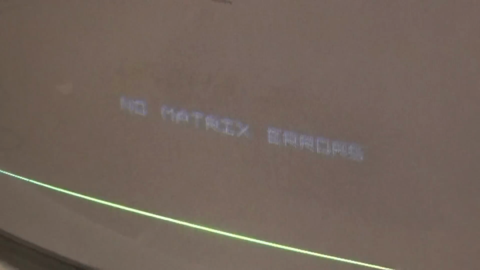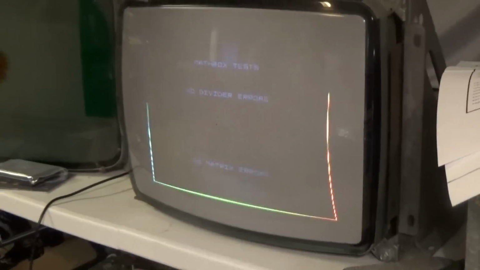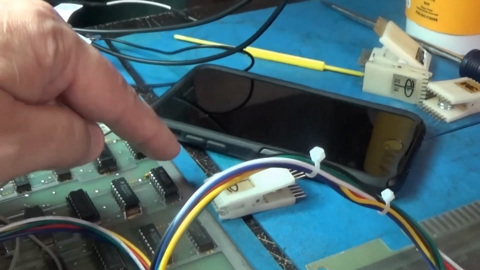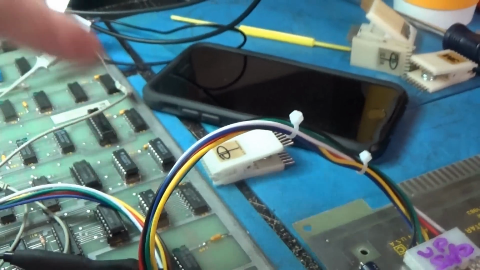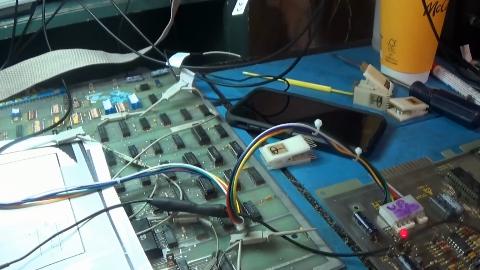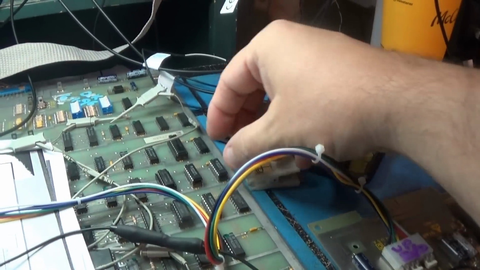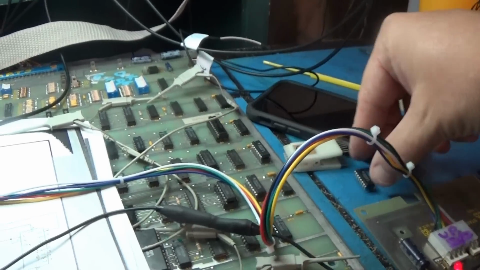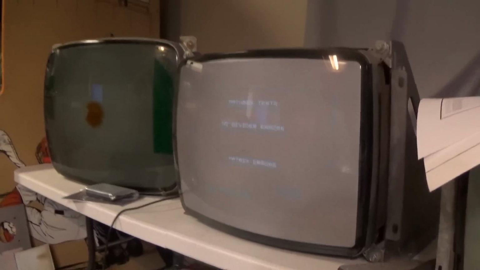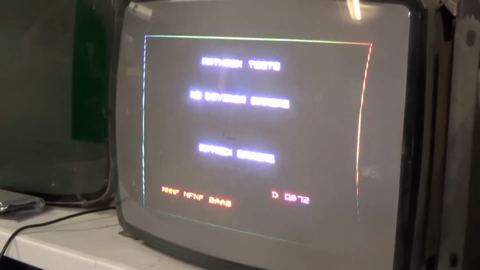No matrix errors. 3 of these chips are bad. 3 of the 165s. So I got lucky by jumping these and it cleared them right up. See, I'll remove this one. Let's remove this guy. 2 of my errors, or 1 of the errors shows up.